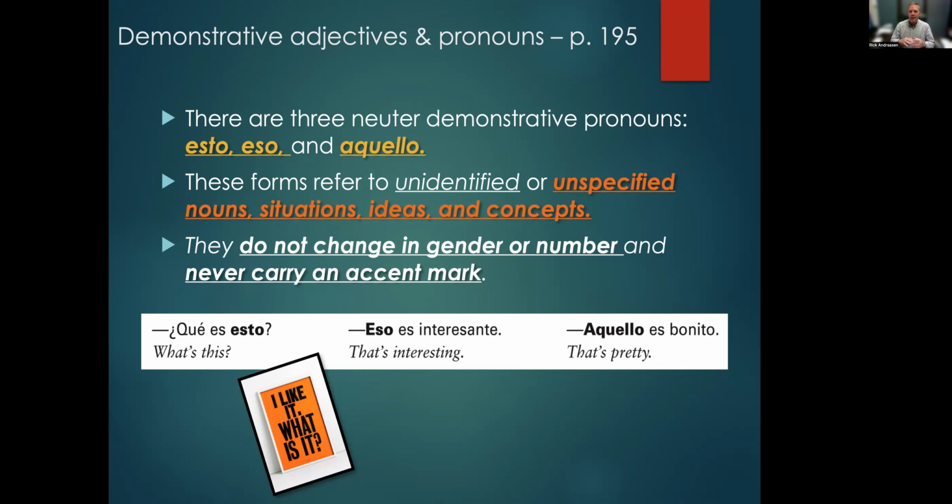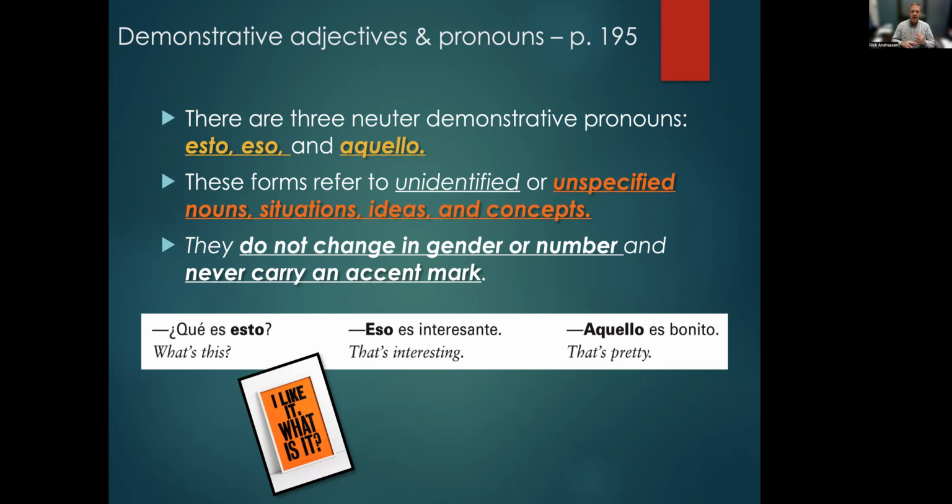And those really are referring to concepts or ideas that don't have any gender to them. So if you say, for example, I like to read. Well, reading is neither masculine or feminine, right? So that concept of reading is now a neuter or gender neutral concept, and we replace that with eso because it's neither masculine nor feminine.